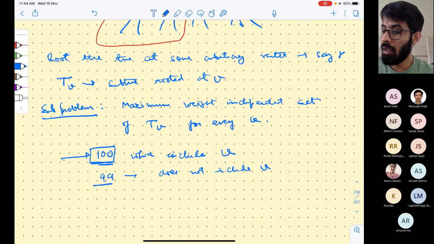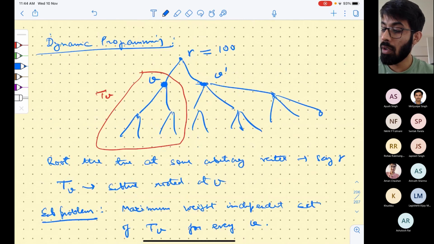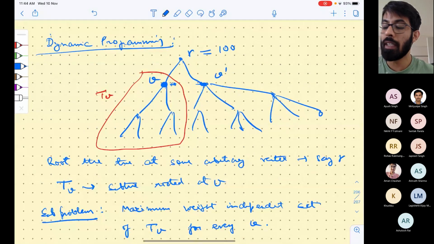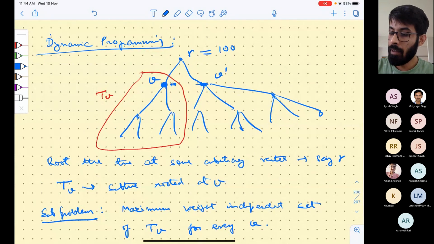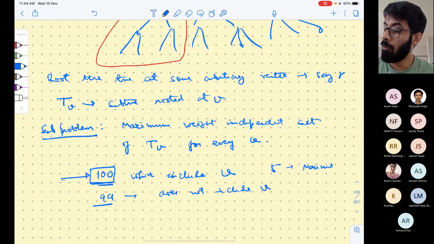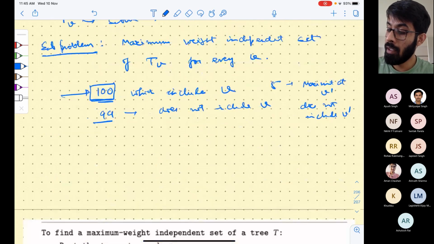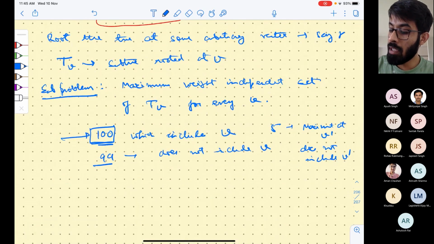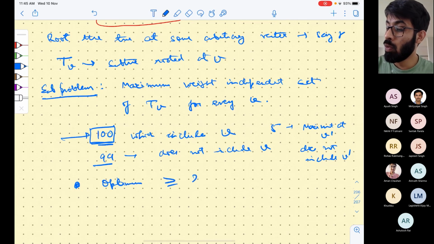So the thing is that you should also care whether V is in the independent set or not. Let's say 5 is the maximum at V prime, where it does not include V prime. Then the optimum is at least greater than or equal to 204.